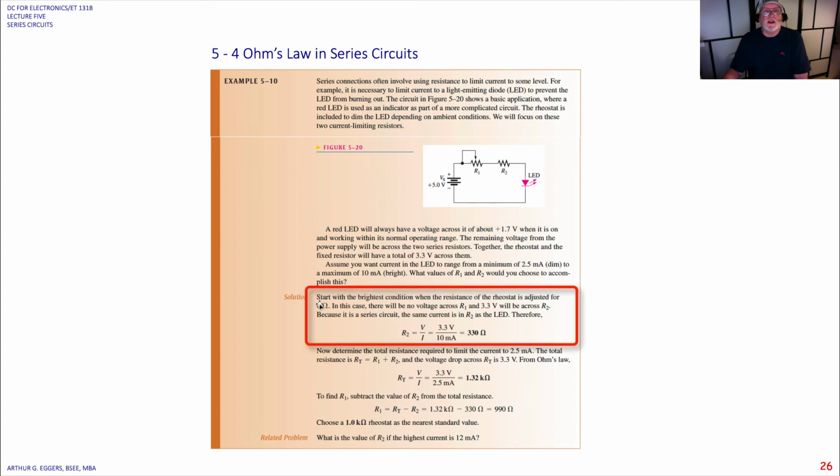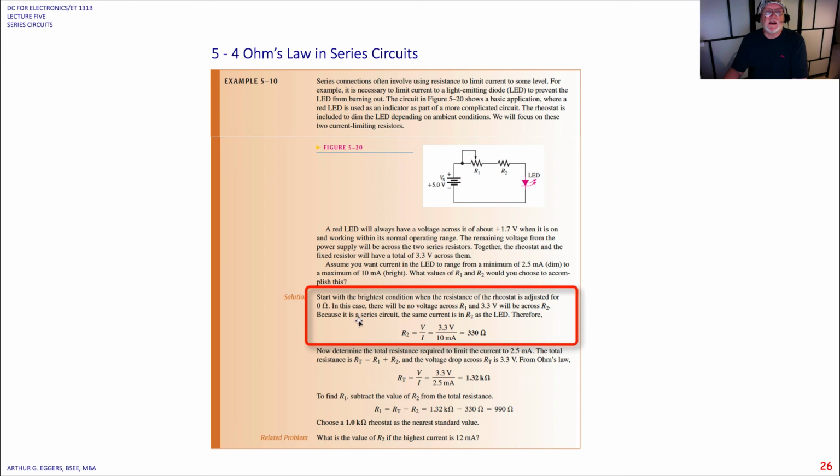Okay, so let's start with the brightest condition when the resistance of the rheostat is adjusted for 0 ohms. So no resistance. It's a pass-through. It's a wire. So in this case, there will be no voltage drop across R1, and 3.3 volts will be the total drop across R2.